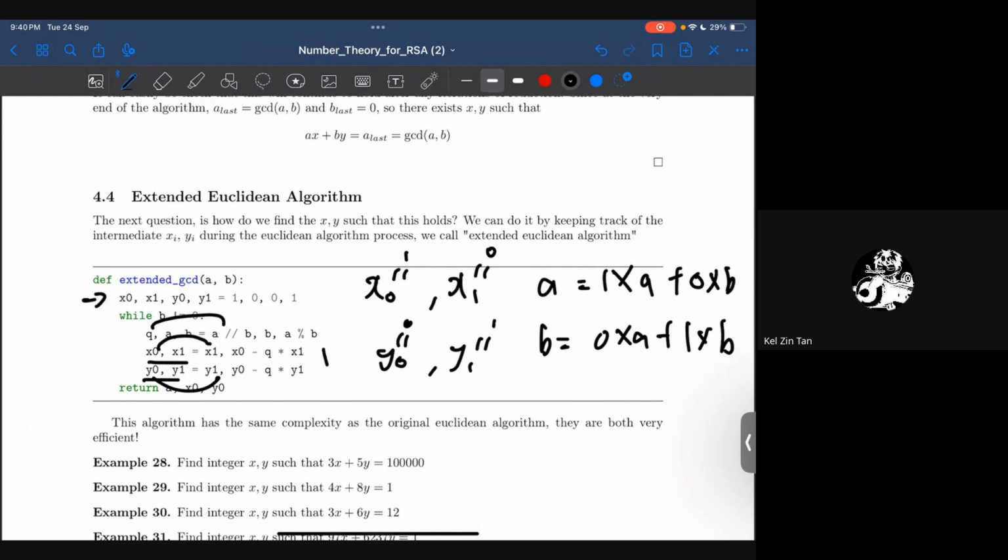So with that, the final result that you get here is the GCD, x0, and y0. And then you can check that x0 times a plus b times y0 is equal to the GCD of a and b.